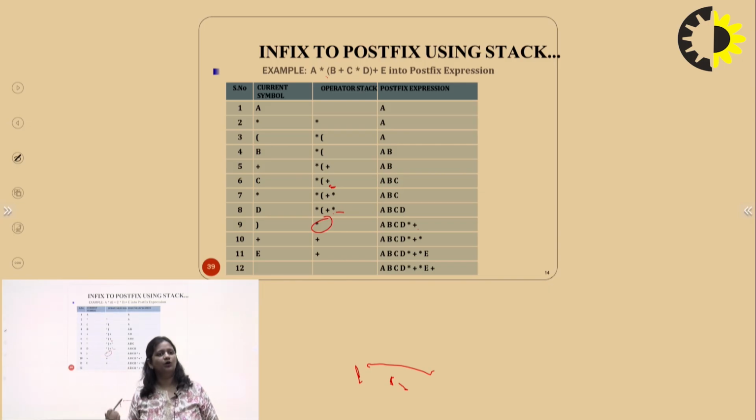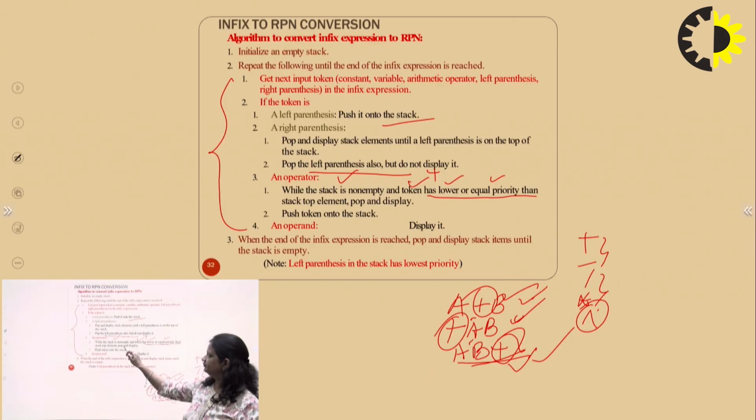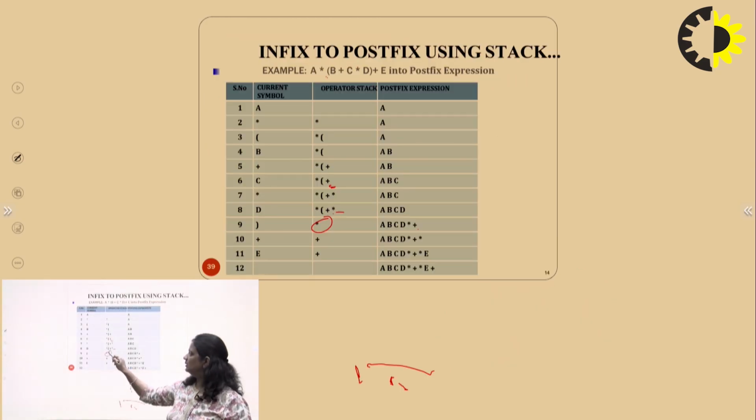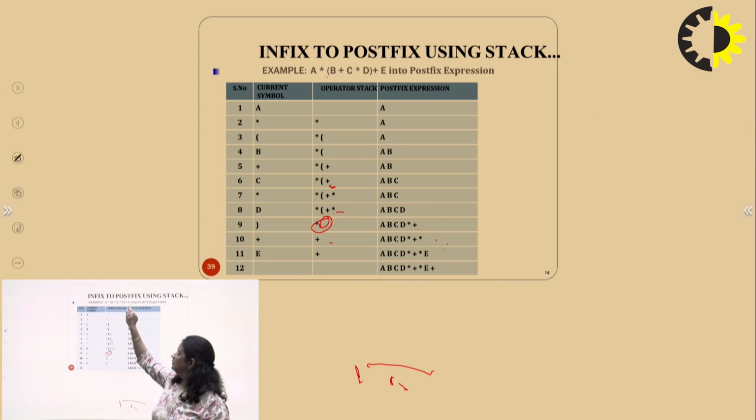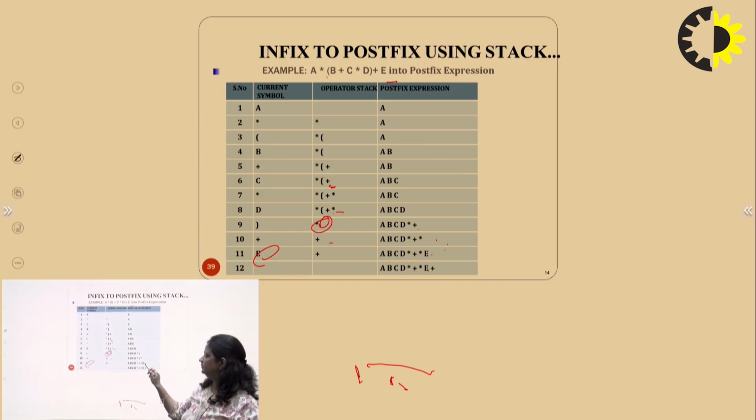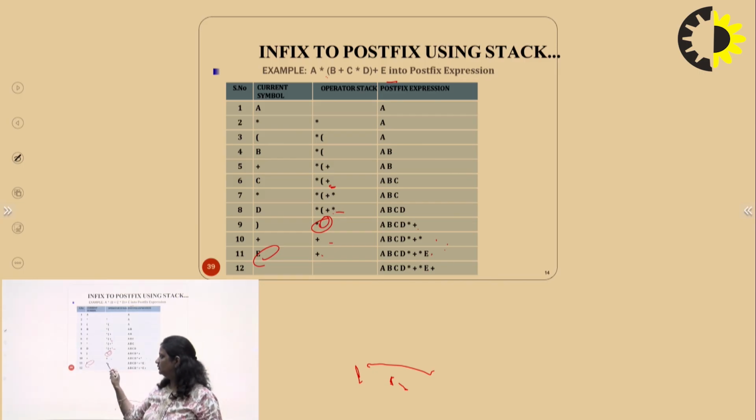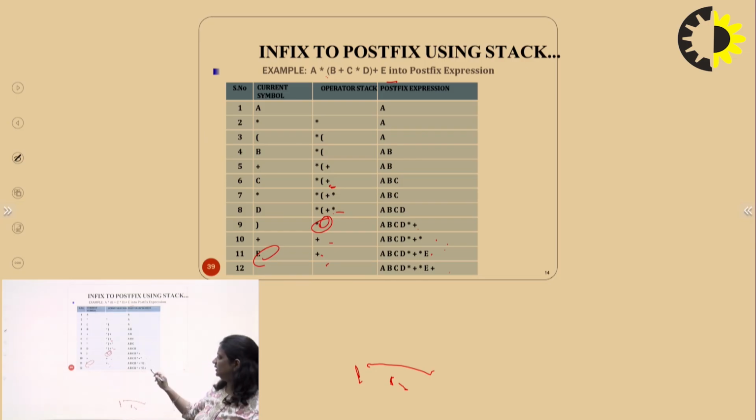Pop the top of the stack element and display it. So multiplication is popped from the stack and displayed here. Okay. Now the last one, E. E is an operand, so E will be put at this point. Now the plus is on the operator stack, so this will be at the end after E.